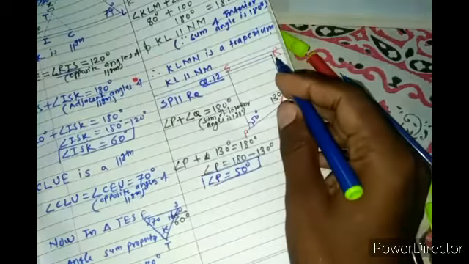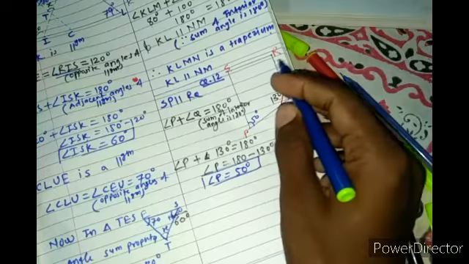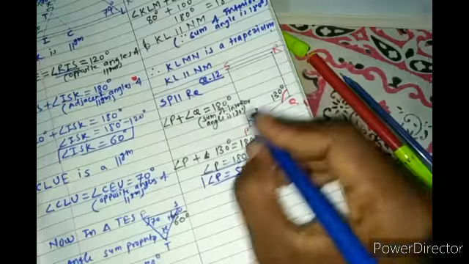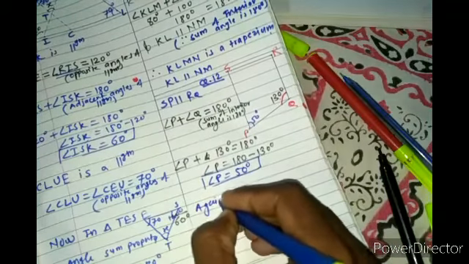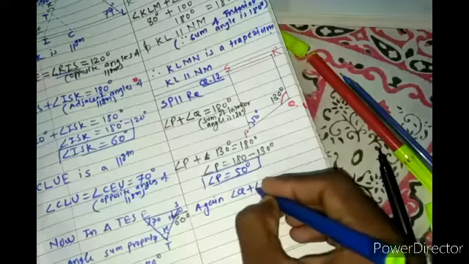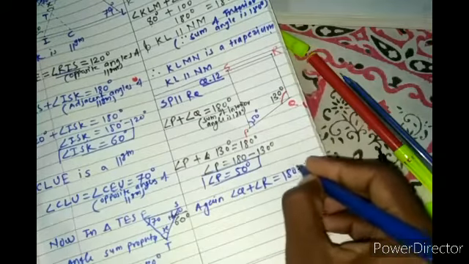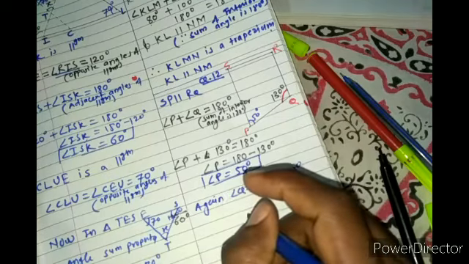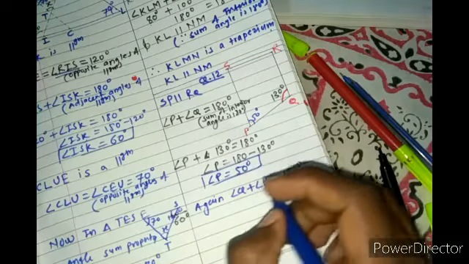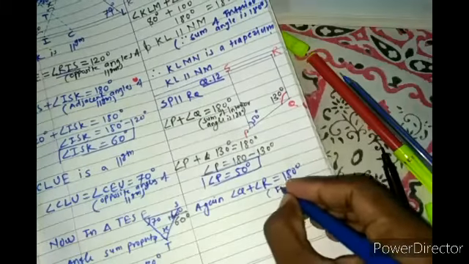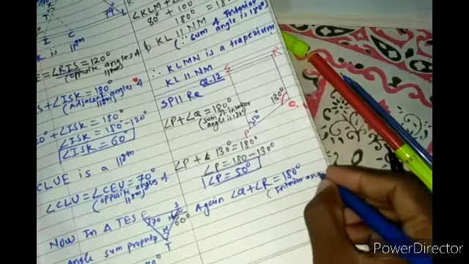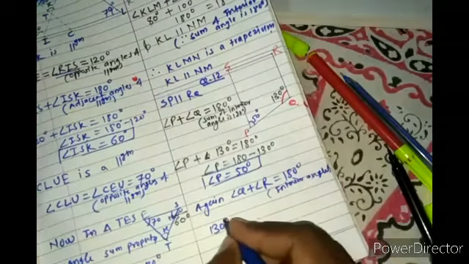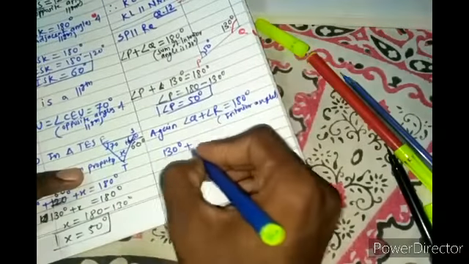So how can we find angle R? Again, angle Q plus angle R is equal to 180 degrees. So we can write again angle Q plus angle R is equal to 180 degrees. This is also the sum of consecutive interior angles between two parallel lines. So what is the angle Q? 130 degrees.